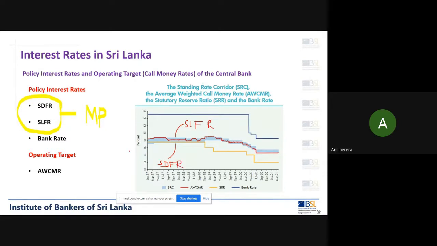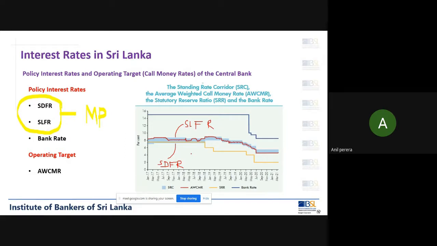Let me remind you the definitions of these two rates. Standing deposit facility rate is the rate at which the commercial banks deposit their excess funds with the central bank.